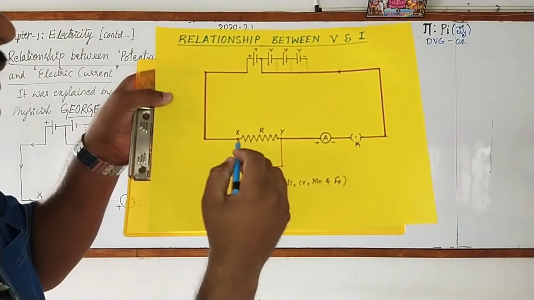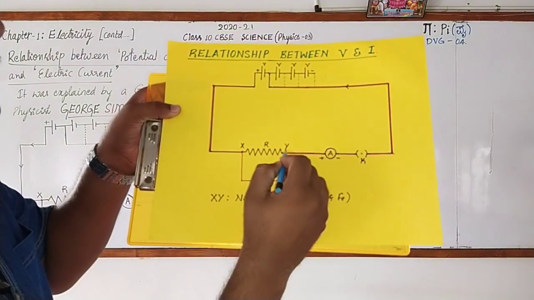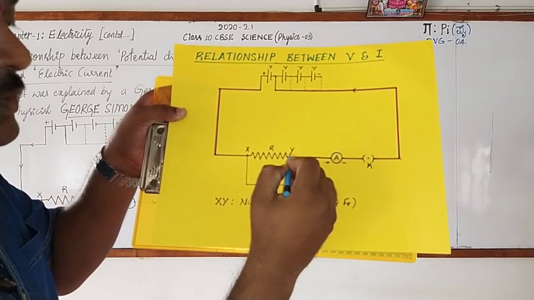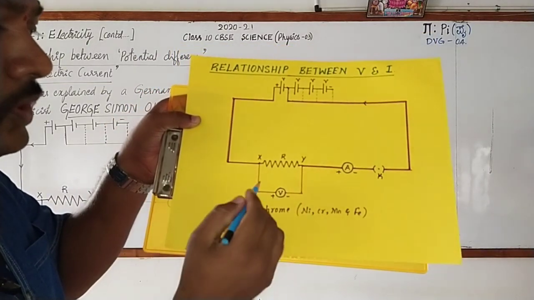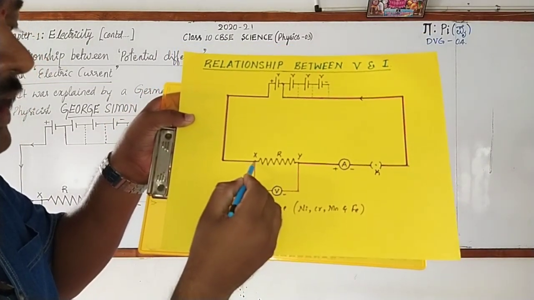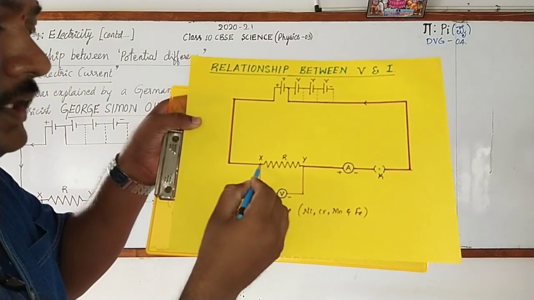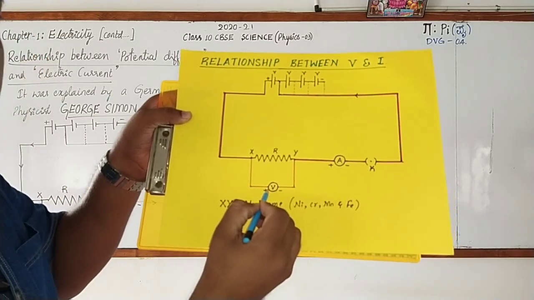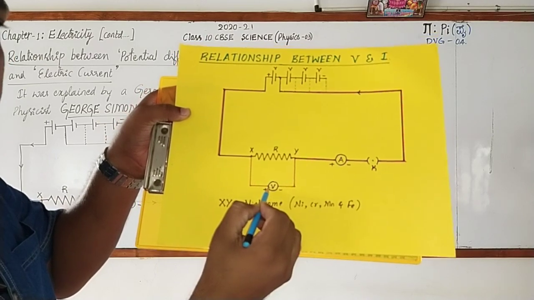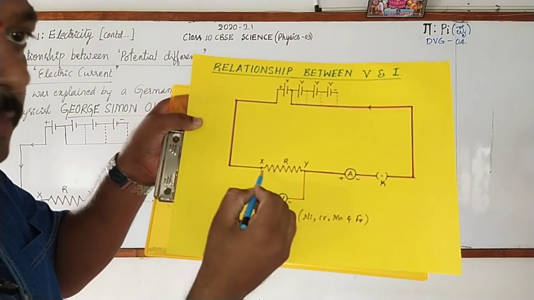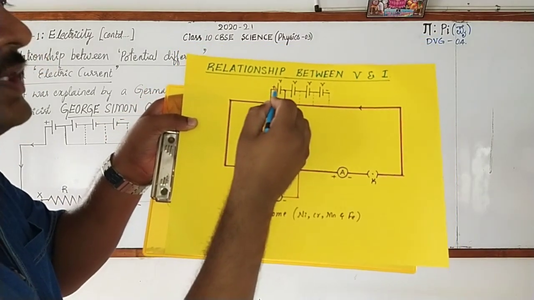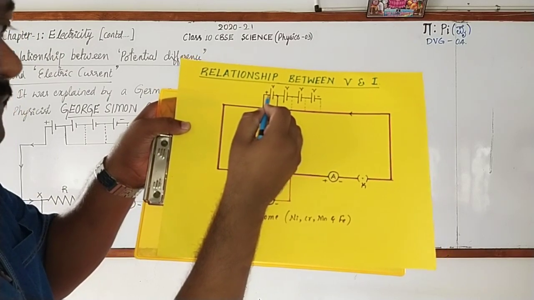First, we have to take the nichrome XY. Take two copper wires and connect them at X. One wire should be connected to the positive terminal of the voltmeter, and the other wire should be connected to the positive terminal of a cell.